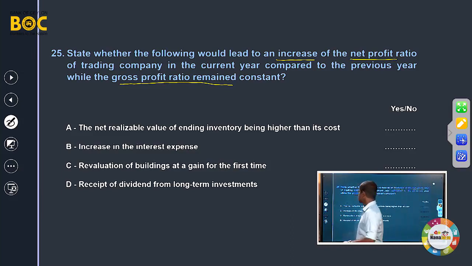The question is, state whether these factors would lead to an increase in the net profit ratio, keeping gross profit unchanged.